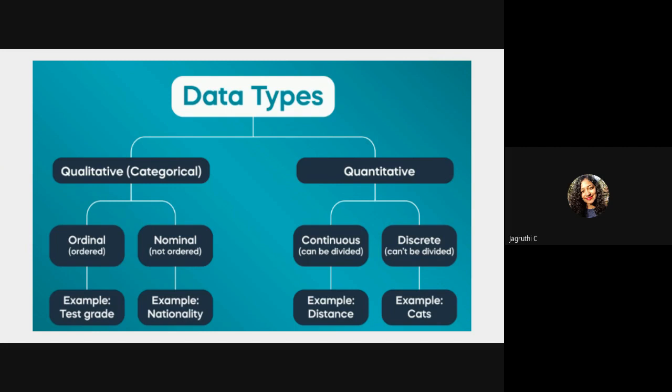Again, your qualitative data. This bucket describes data that fits into multiple categories. What I mean by categories is, for example, a person's gender, a person's hometown, maybe the color of your hair. All these are multiple categories, so these cannot be measured.